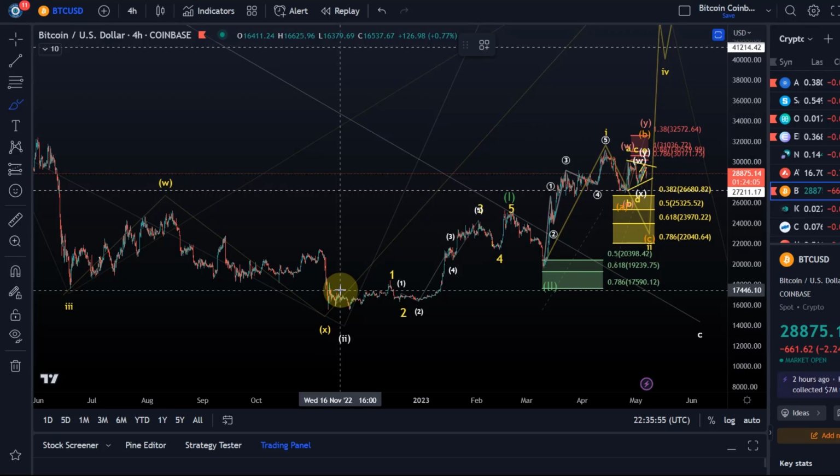Elliott Wave is one of the best methods to understand when scenarios are changing. So at the moment we have enough evidence to say that there is at least a good chance, good probability that the bear market low is in.